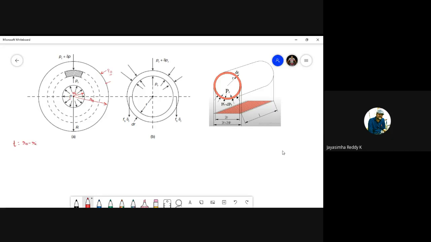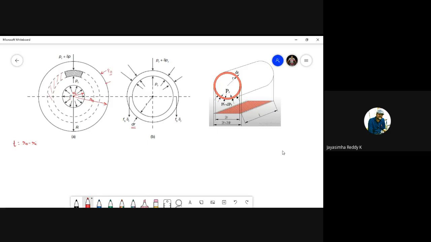Across the thickness, let us consider a small strip, which is of thickness dr. This is the small strip that we have considered, and let me take its thickness as dr. The internal pressure will be P as usual, and the external pressure I am considering to be P plus delta P. So P0 has transformed to P plus delta P, as I'm considering a ring somewhere from the extreme radius.